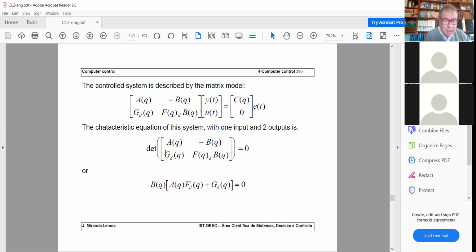The determinant gives you the poles. So you compute this determinant, and this determinant will give you the poles of this system.